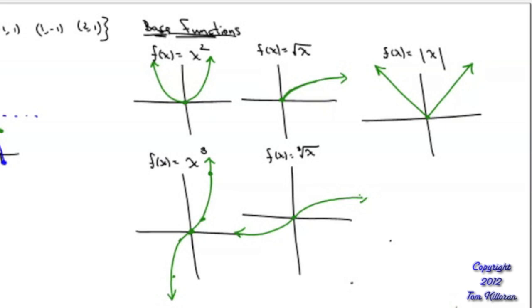Okay, so what am I going to do with these base functions? I'm going to transform them now. Move them all over the place. For instance, we should be able to graph g of x is equal to (x plus 3) all squared minus 4. Much easier than moving the points around, by the way.